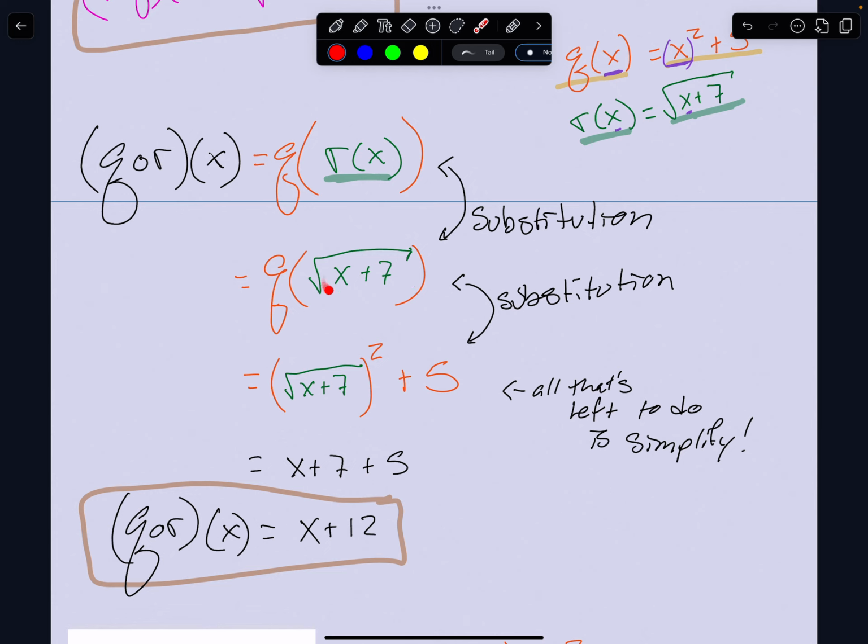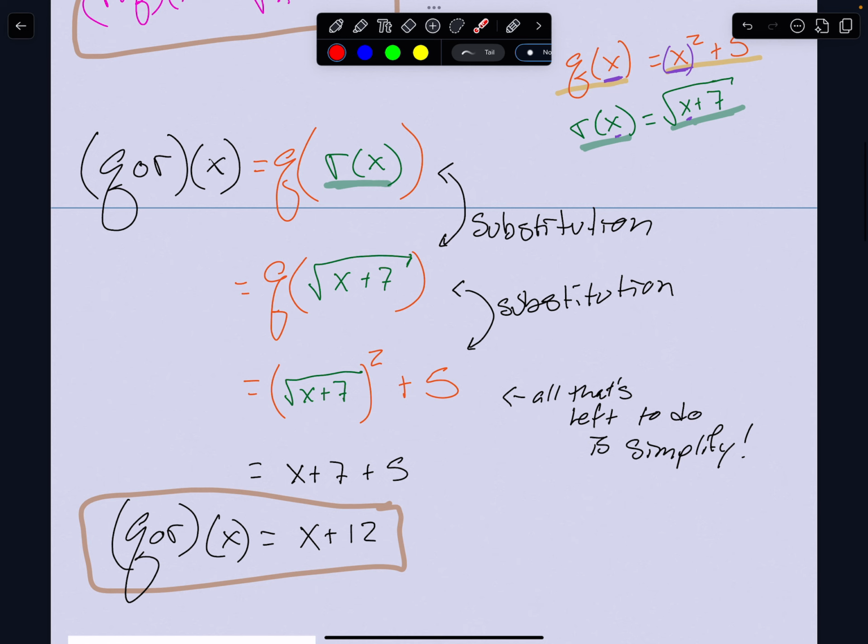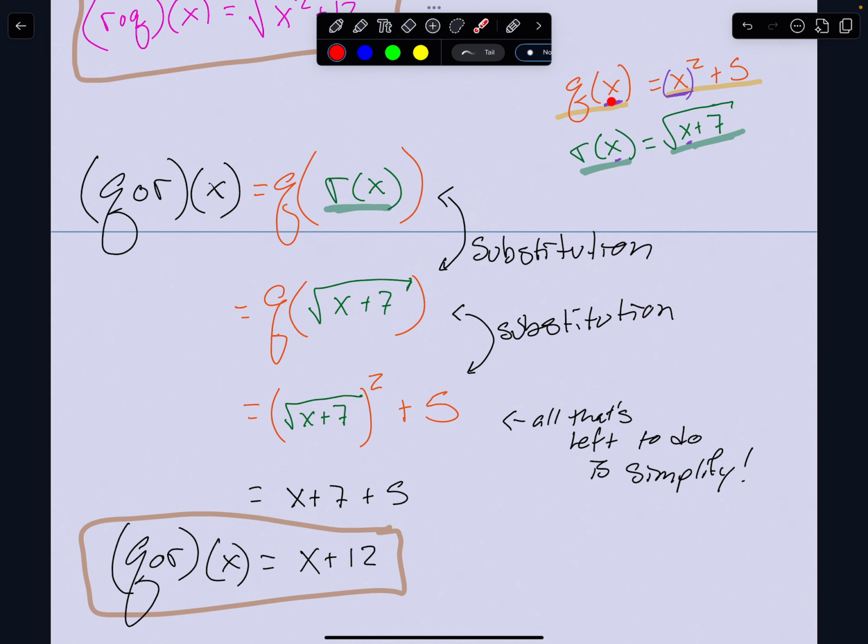And same thing down here. I'm not writing q anymore because I switched from the name of the function to the actual equation of the function. So here's the name of it, and here's the actual equation of it.